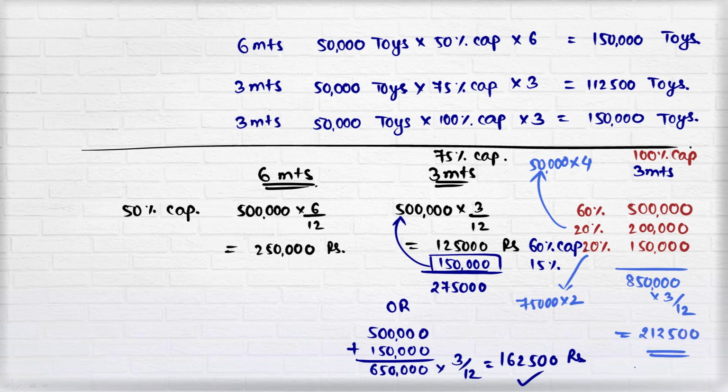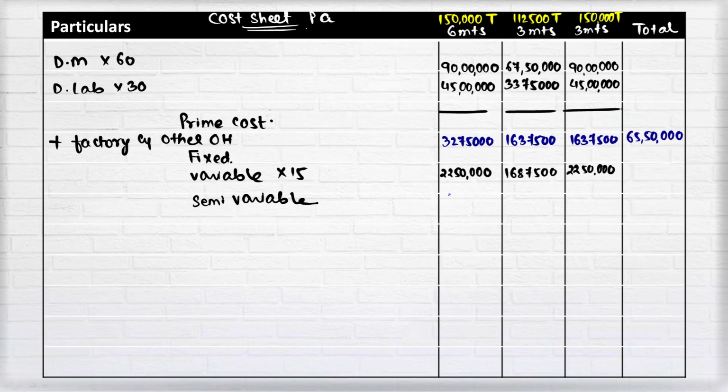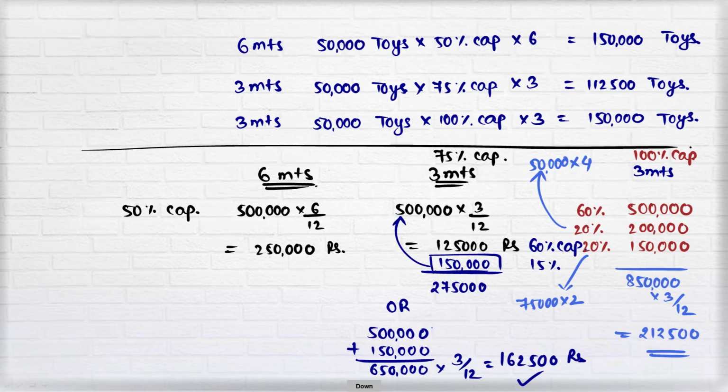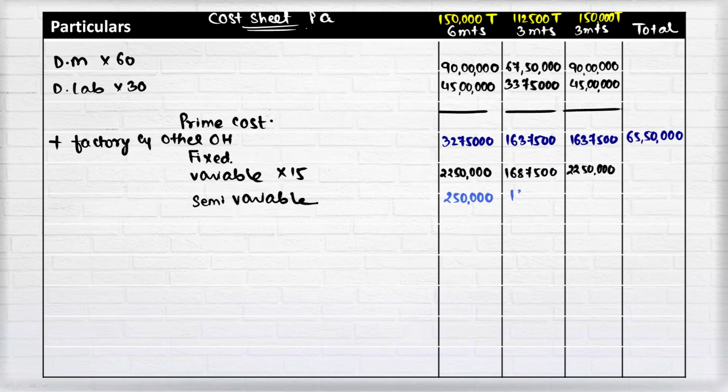I am writing semi-variable cost in my cost sheet. This is 2,50,000, 162,500, 2,12,500.